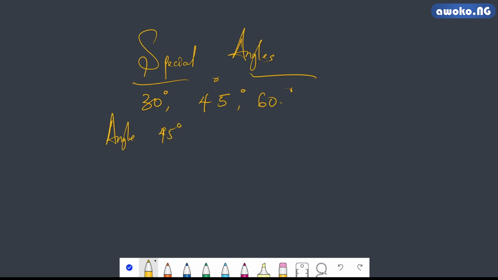Is that okay? Now, you will agree with me that we said in our previous lecture on trigonometric ratios that before we analyze special angles, we have to make some mathematical assumptions.